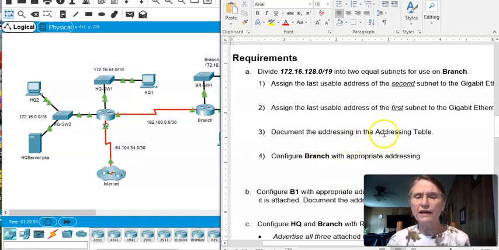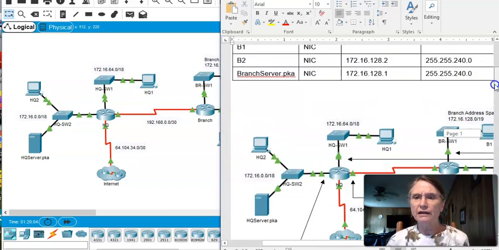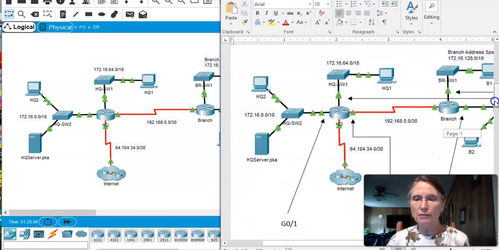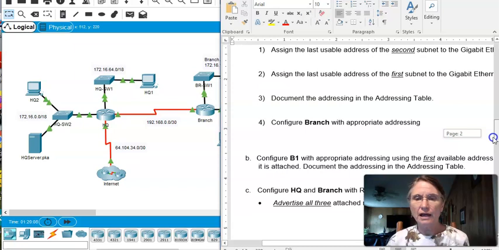We'll document that addressing in the addressing table above, and then configure branch with the appropriate addressing.